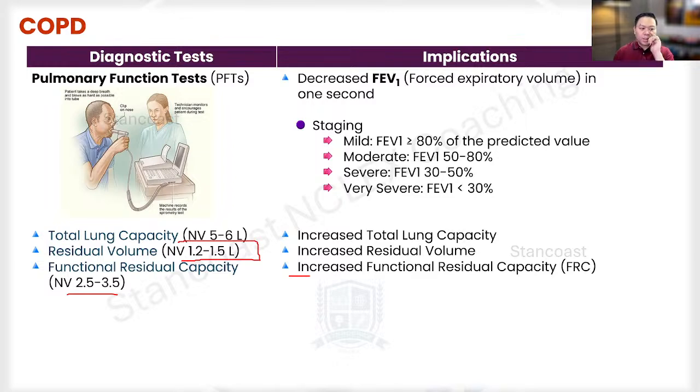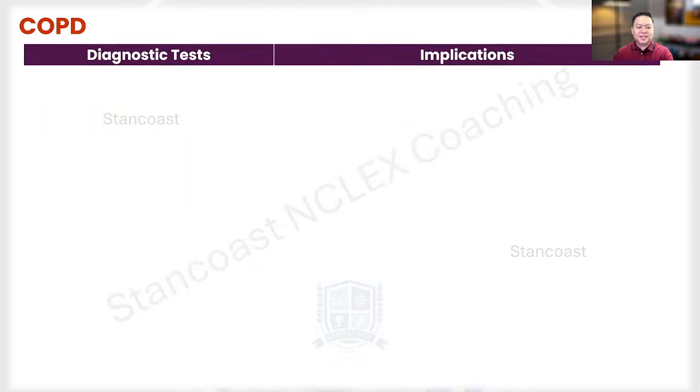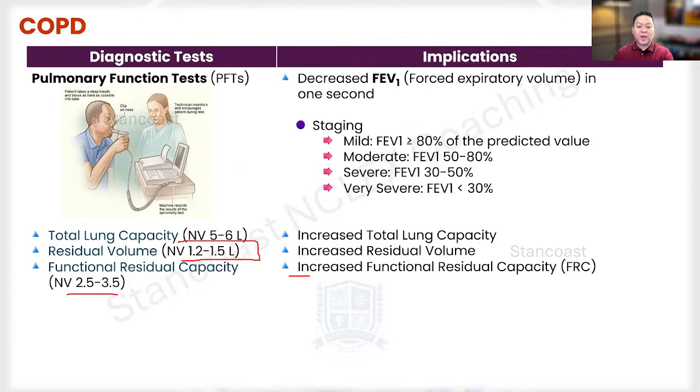Now, overall, when we send the patient to have the PFTs, or pulmonary function test, this is only to evaluate the lung function, the mechanics, how the lungs can do the proper exchange of gases. It also evaluates how the lungs are able to maintain the acid-base balance.